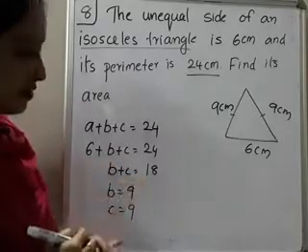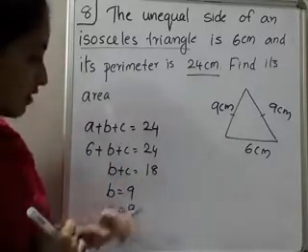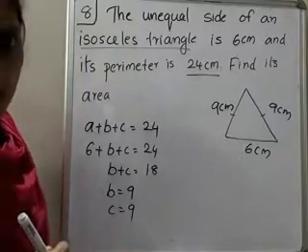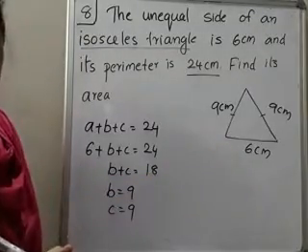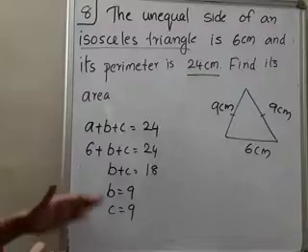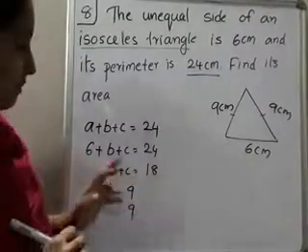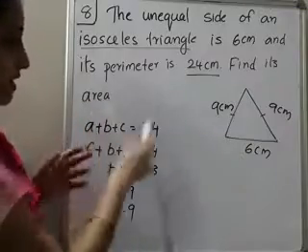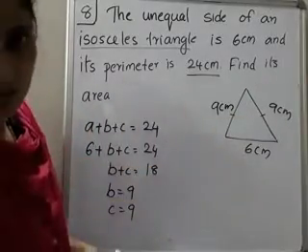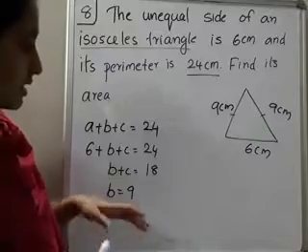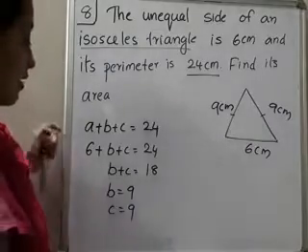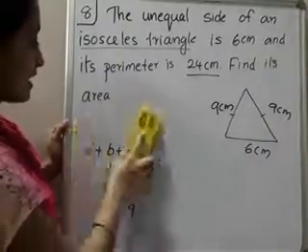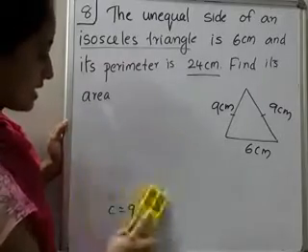If B and C are equal, then we can write B is equal to 9 and C is equal to 9. And A is given as 6 centimeters. So please write A is equal to 6, B is equal to 9, C is equal to 9. This much is enough: just draw the figure and write down.